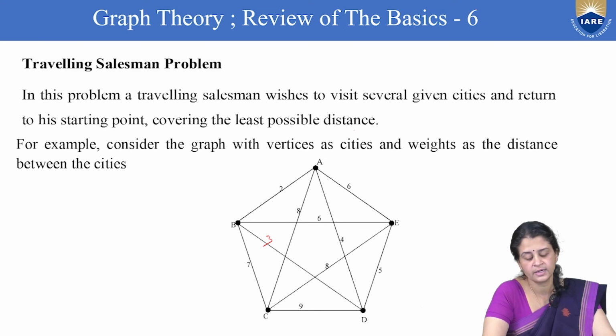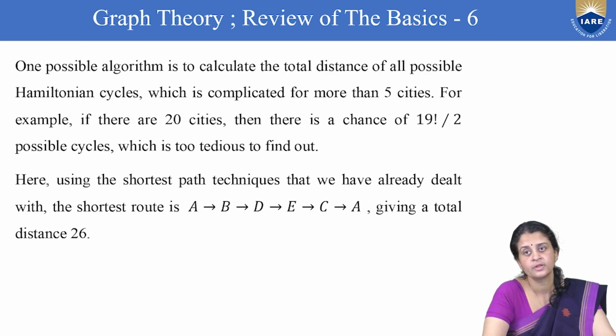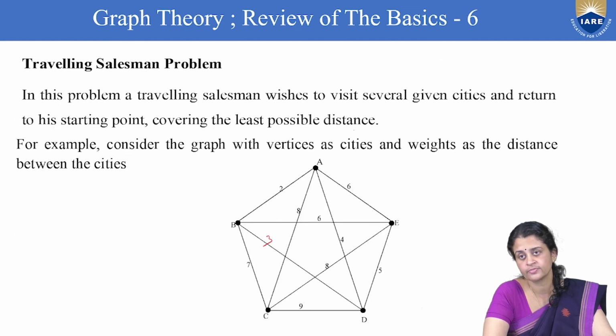And from D to E it is 5. Then E to C it is 8, and C to A which is 8 again. That is the shortest path.